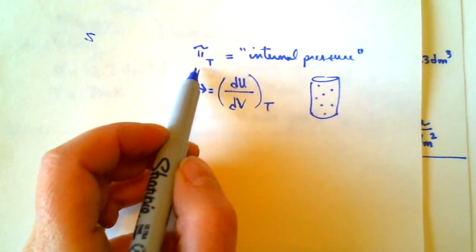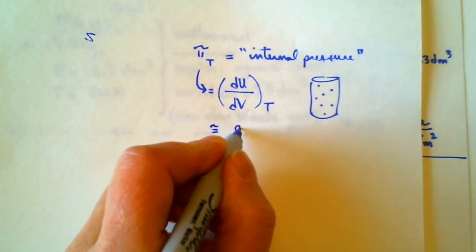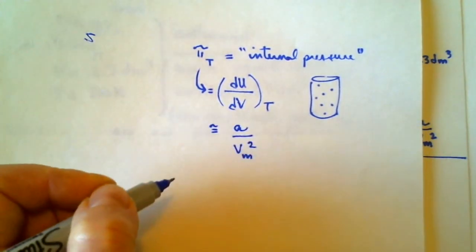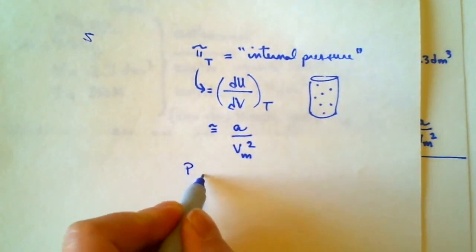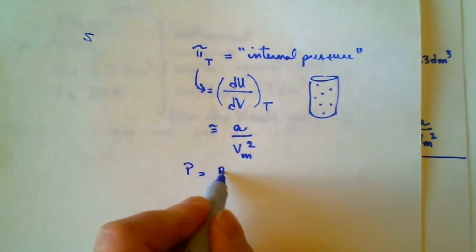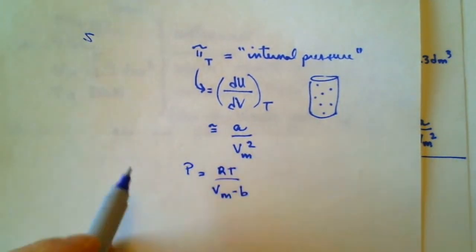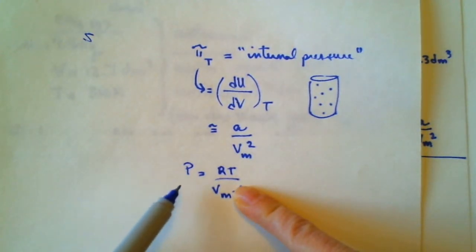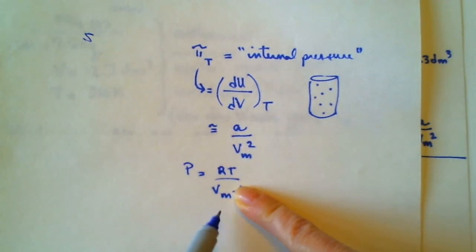It's a real gas. Can't find it, but what I do find is that it's about equal to a over Vm squared. And we just wrote out the van der Waals equation for the pressure. Let me just rewrite it again here: RT over Vm minus b. Now think about this. If I just covered that, there's your real gas equation of state right there, PVm equals RT, or PV equals nRT.